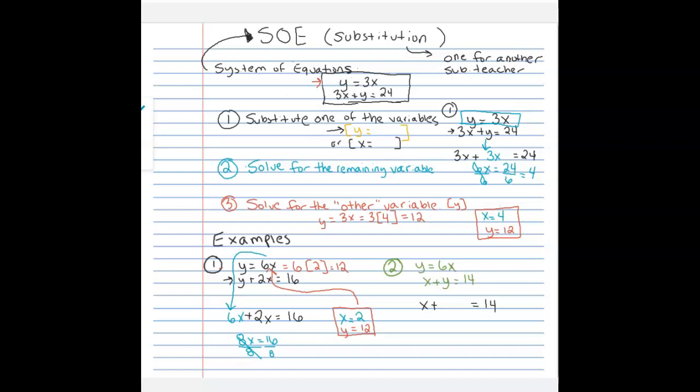Well, that's where the 6x comes into play. x plus 6x is 7x is equal to 14. So remember here, you are going to solve for x. You are also going to solve for y. If you guys need any help with that, please let me know. I am here to help.